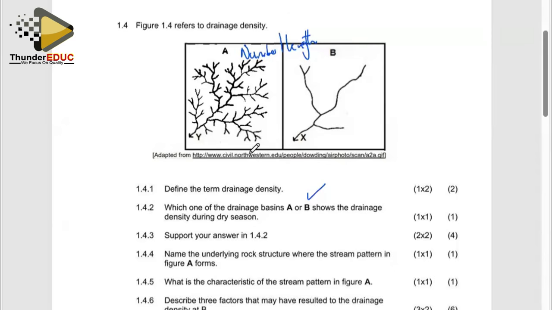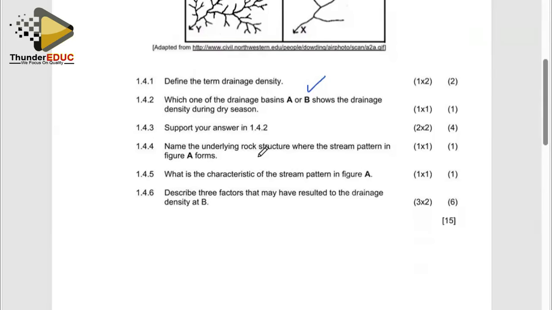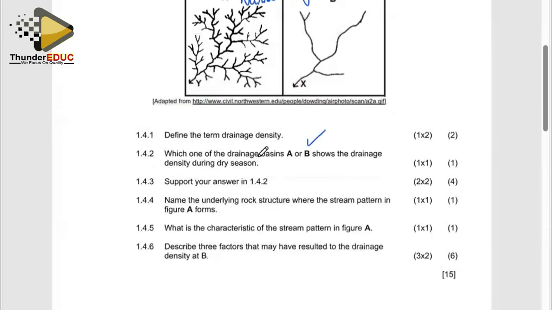And for that sake, it shows that this area here is the one that is most likely to have the lower drainage density during the dry season because of the lower density of the streams. During the dry season, most streams dry up, and hence the drainage density will reduce. We have fewer streams. So if you are comparing those two, you tend to find that B is the one which has got the typical conditions of a dry season.